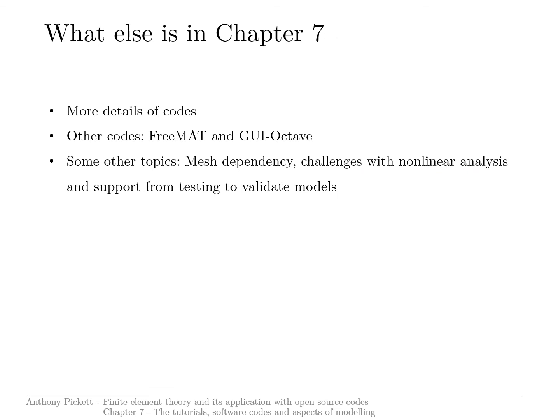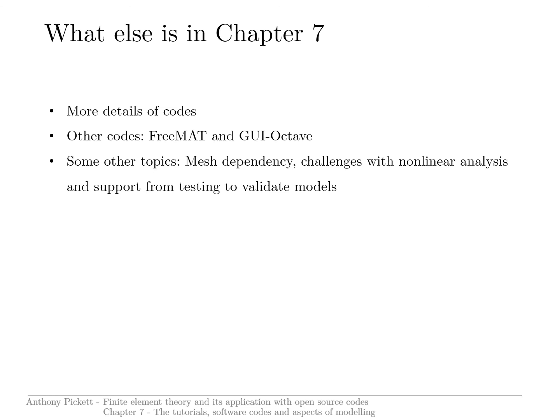Finally, there are things I discussed in the book in a little bit more detail. I have given a bit more detail perhaps on the different codes, and on downloading and information for 2 of the codes I've rather jumped over here. In the book I go into a little more information on FreeMat and GUI Octave, which are open source variations of MATLAB.